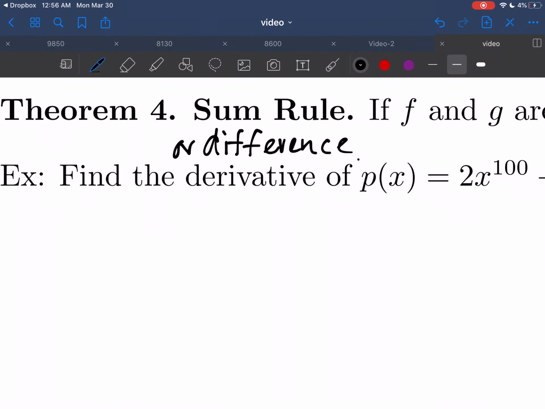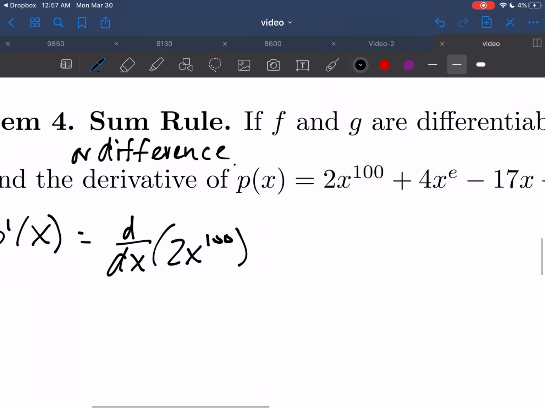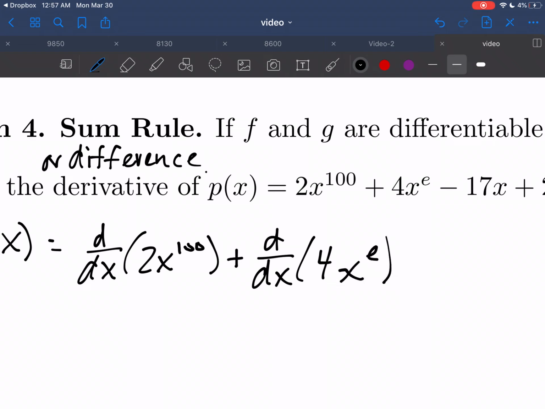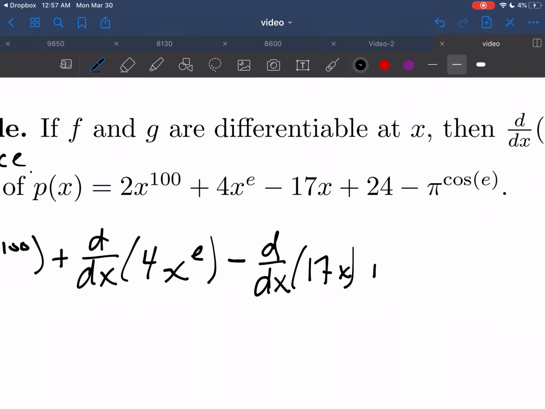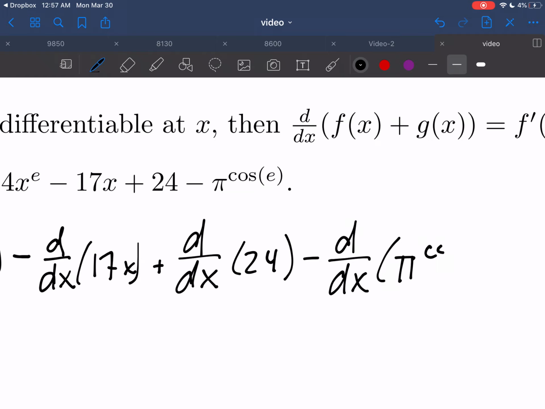So for example, if we're doing p prime of x, that's going to be the derivative with respect to x of 2x to the 100, plus the derivative with respect to x of 4x to the e, minus the derivative with respect to x of 17x, plus the derivative with respect to x of 24, minus our derivative with respect to x of pi to the cosine e.